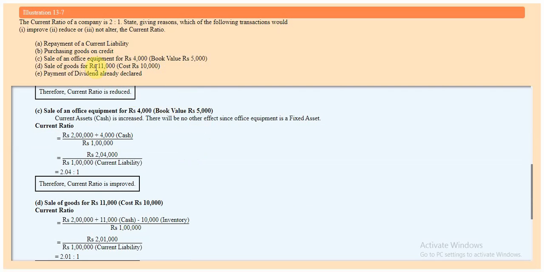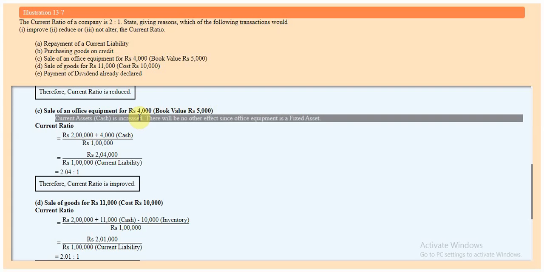Now we'll move on to the third case. Sale of office equipment for rupees 4,000, and the book value of that particular equipment had been 5,000. So something that is worth 5,000 is being sold for 4,000 rupees. So what happens? 4,000 rupees of cash will get added to current assets. There will be no other effect since office equipment is a fixed asset.